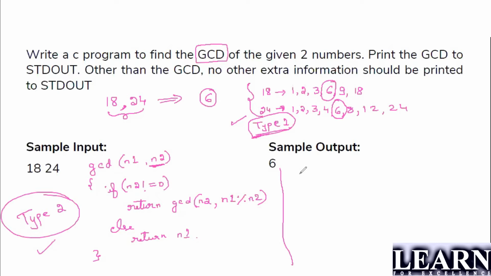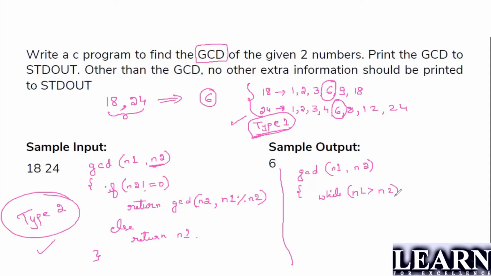So we can say int GCD. We are calling a function GCD and sending N1 and N2, the same numbers here. Inside it I can go with either a while loop or a for loop. I'll take a while loop, while N1 is greater than N2.